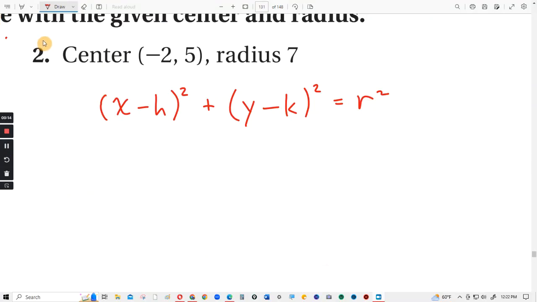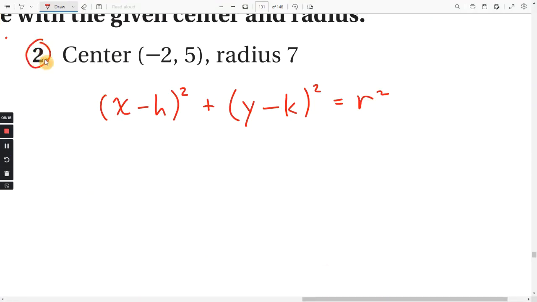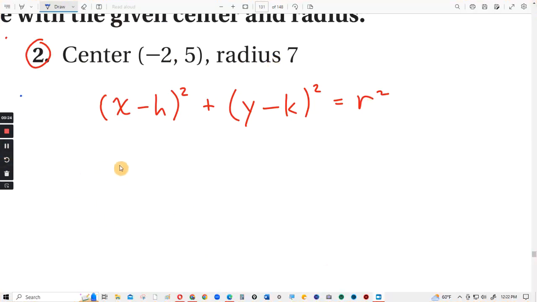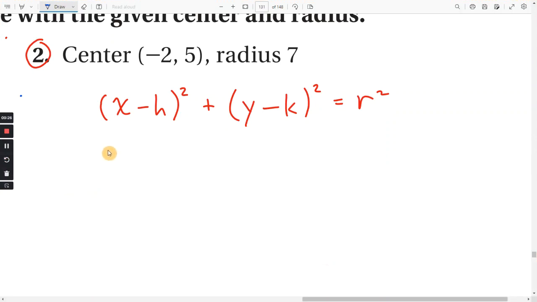Okay, please try guided practice number 2. Write the equation of the circle with this center and this radius. And here's the equation. Alright, pretty simple. We have our equation. We'll start with x minus h, where the center coordinates are h comma k, and the radius r equals 7.